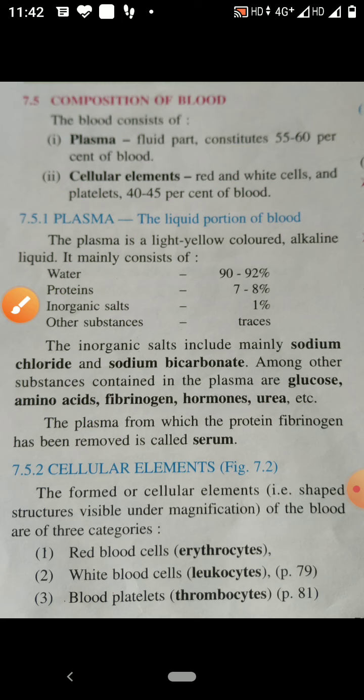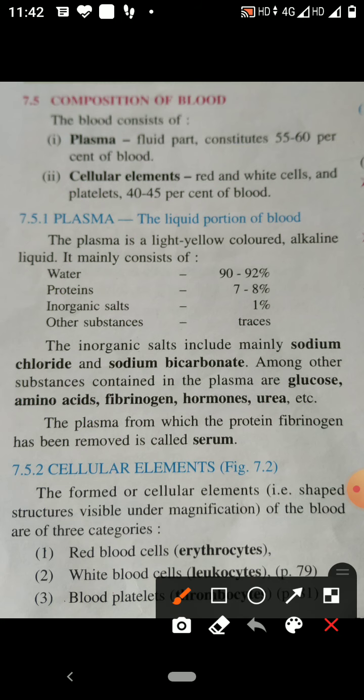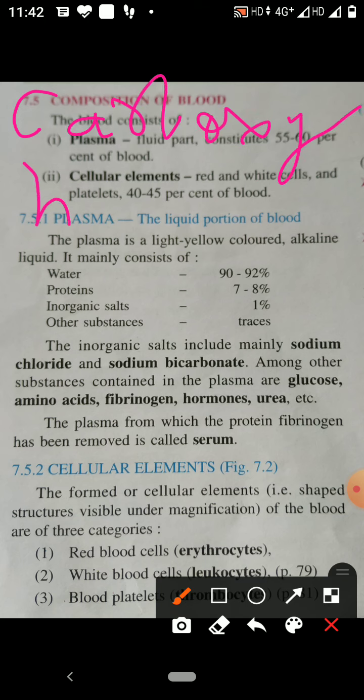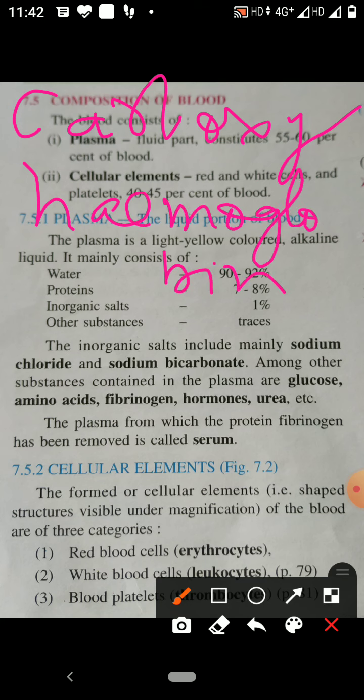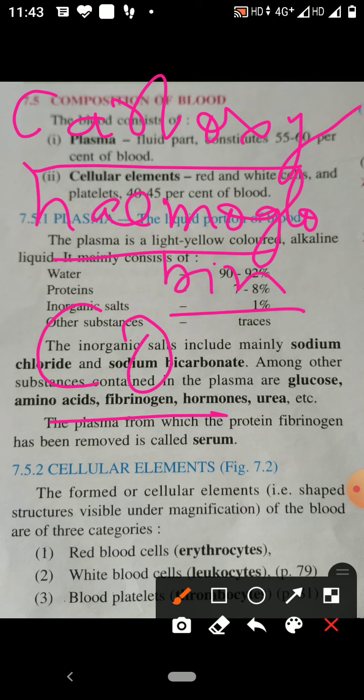It can also combine with carbon monoxide and form carboxyhemoglobin. In this way, it stops the transport of oxygen.